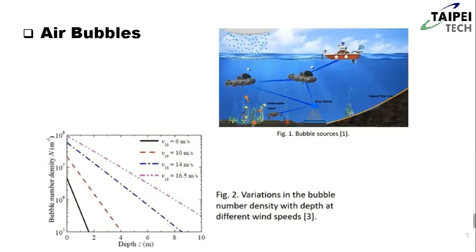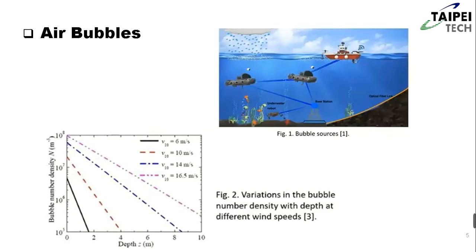UOWC is affected by bubbles. Let's look at the air bubbles. Air bubbles can be generated from different origins. In the upper sea level, they are mainly generated by rain, breaking waves, or human activities. At the seabed, air bubbles can come from biological or geological sources.